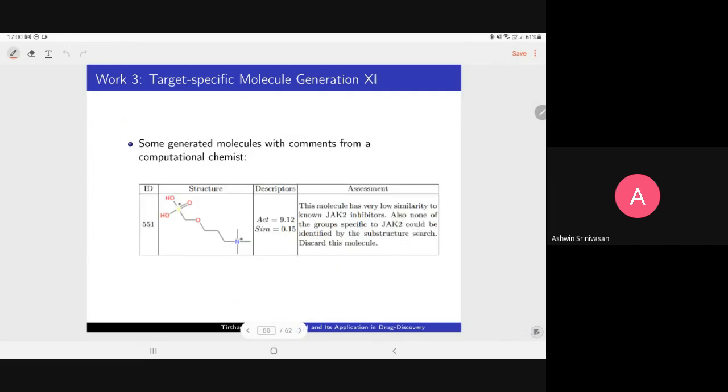These are some sample molecules that we have generated, with some assessment by a computational chemist. Our colleague and co-author Dr. Arijit Roy is a computational chemist, and he has provided us with this description. This is a novel molecule. The activity is 9.12 and the similarity is 0.15, so this molecule is not similar to the JAK2 molecules.